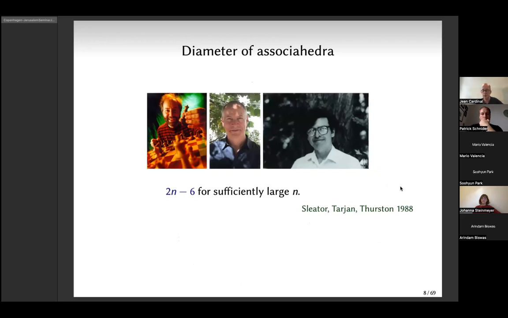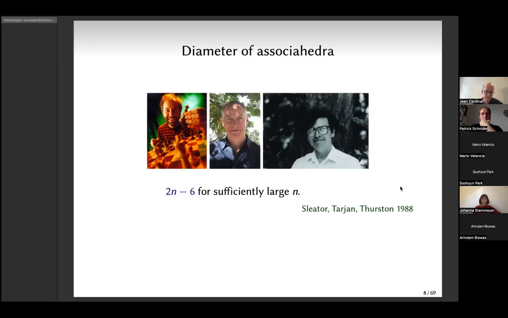So you want to ask what is the maximum cost of reconfiguring one tree into another? What is the maximum rotation distance between 2 binary trees of the same size, between the 2 corresponding vertices of the associahedron? And this seems like a rather elementary problem, but it took a really long time to nail down the exact expression for this diameter.